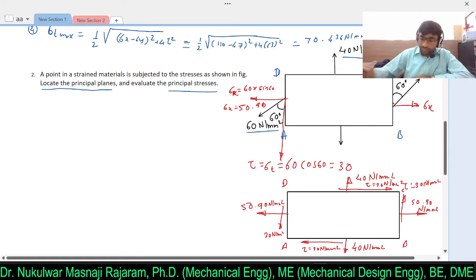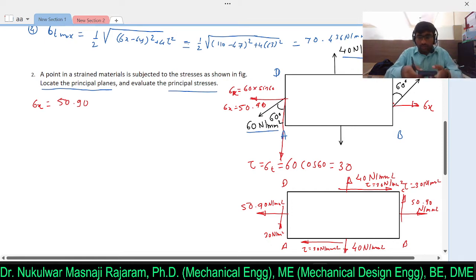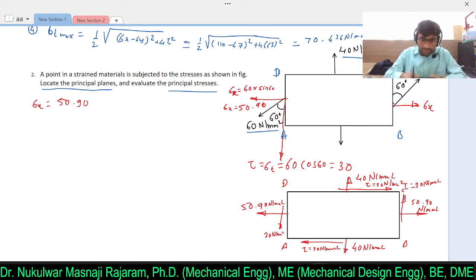So here there is a sigma x, it is near about 50.90, sorry, let me check the value. Sine 60 into 60, it is 51.